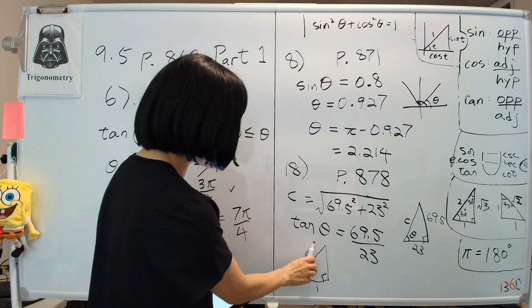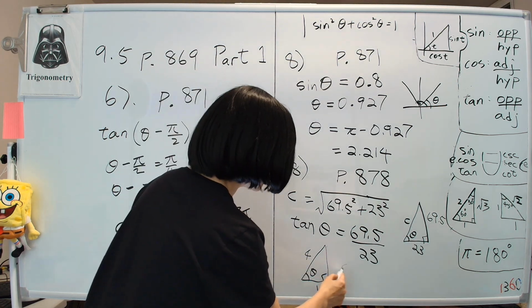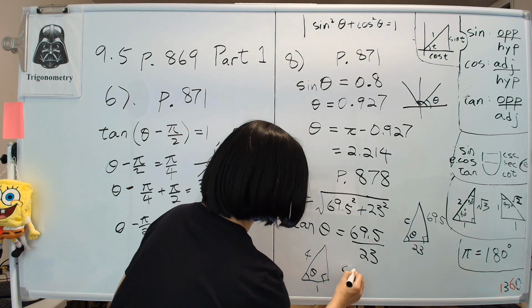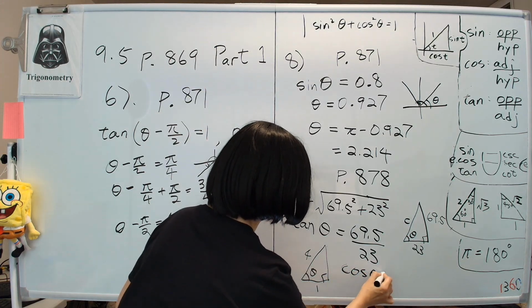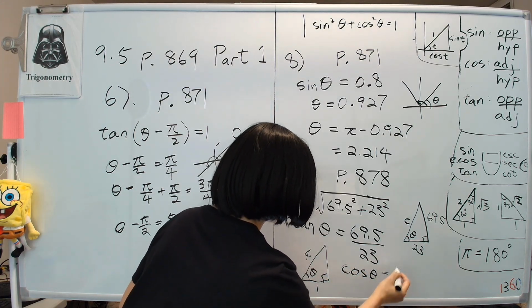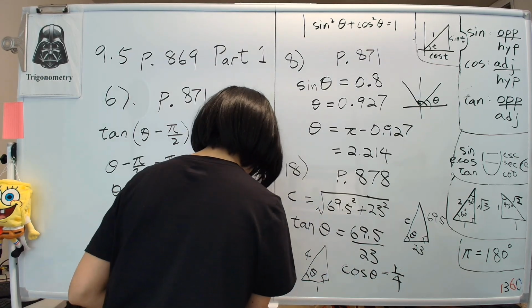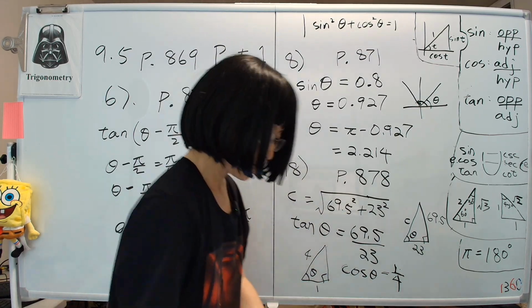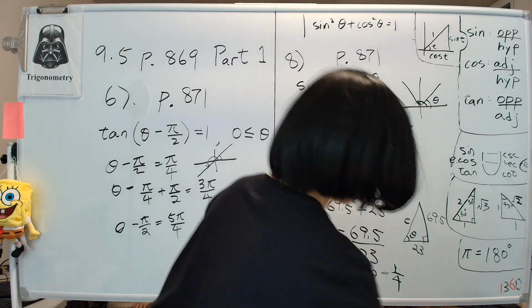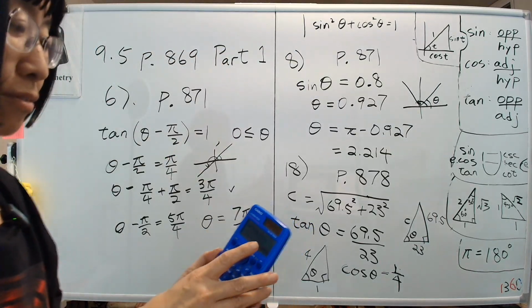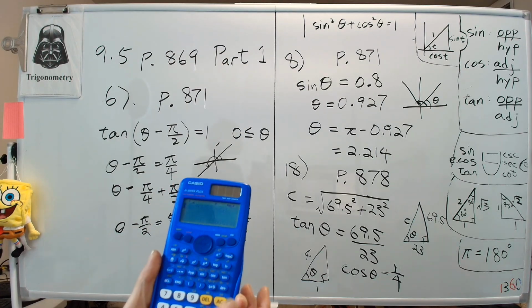That will be cosine. So cosine of theta has to be equal to 1 over 4. We just need to know what the angle has to be, and to do that, let's calculate the inverse cosine.